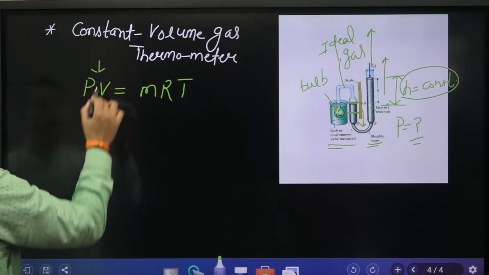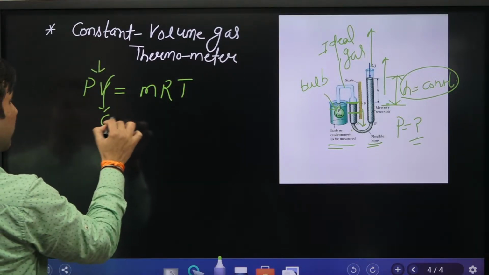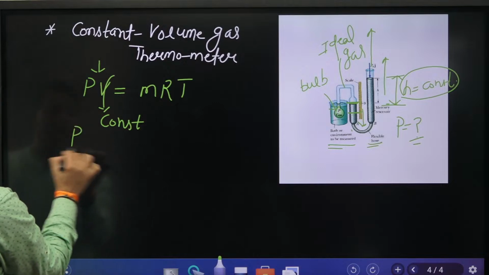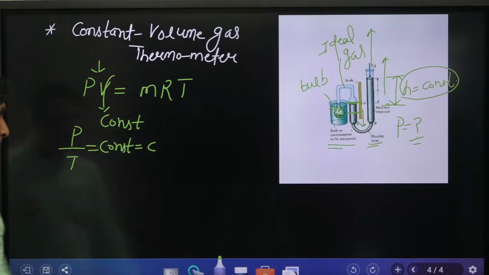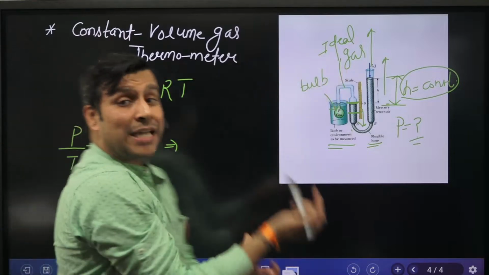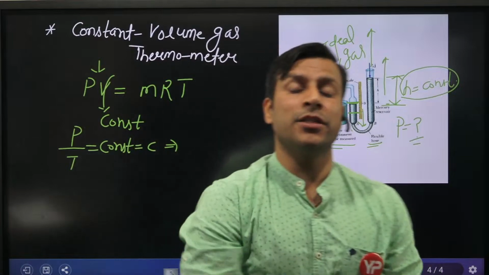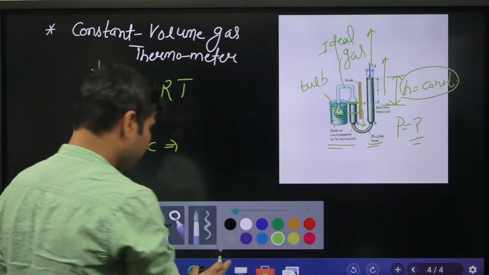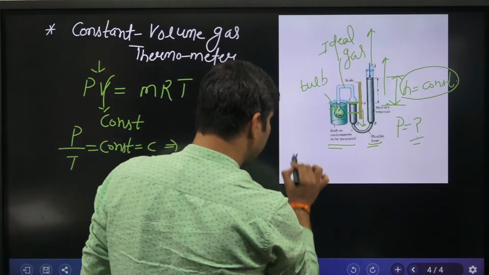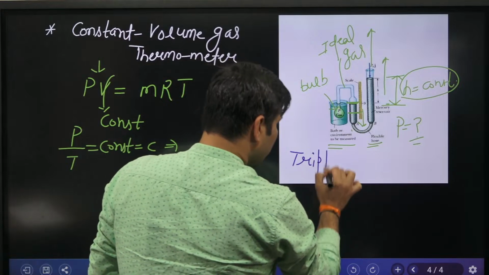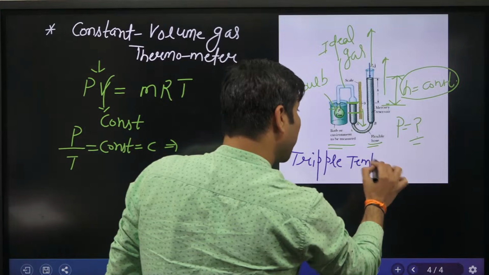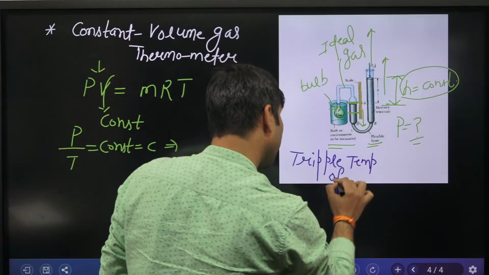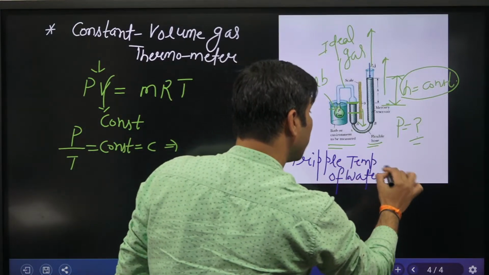If the volume is constant, you can say P by T equal to constant, C. Generally for this type of instrument, the standard temperature we take is the triple point, the triple point of water. Triple point of water is a standard fixed temperature.